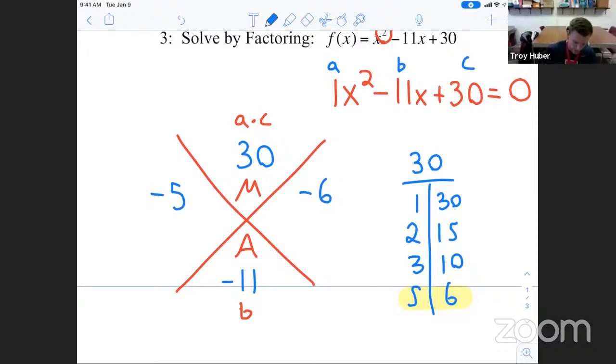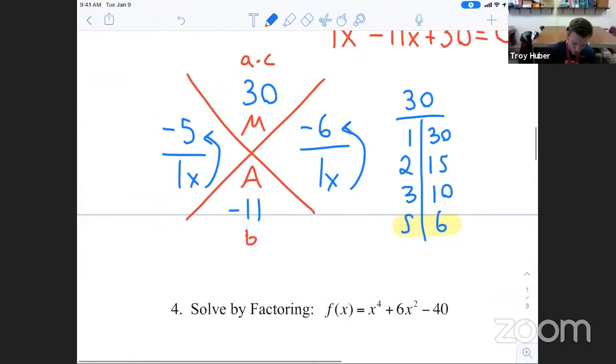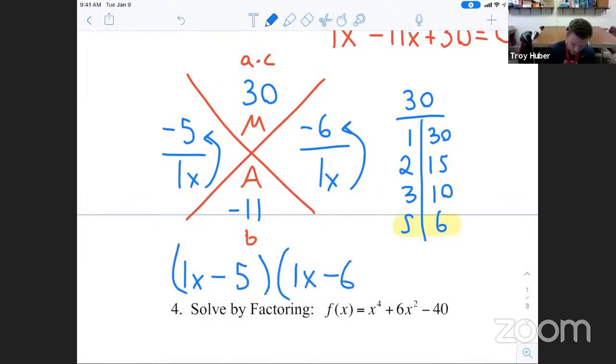And the last thing we have to do is just put them both over our a value, which is 1. And now we always read them bottom to top. All right, so this would be 1x minus 5 and 1x minus 6. Now, do you have to say 1x in this problem? No, we don't have to. We could just say x minus 5, x minus 6.